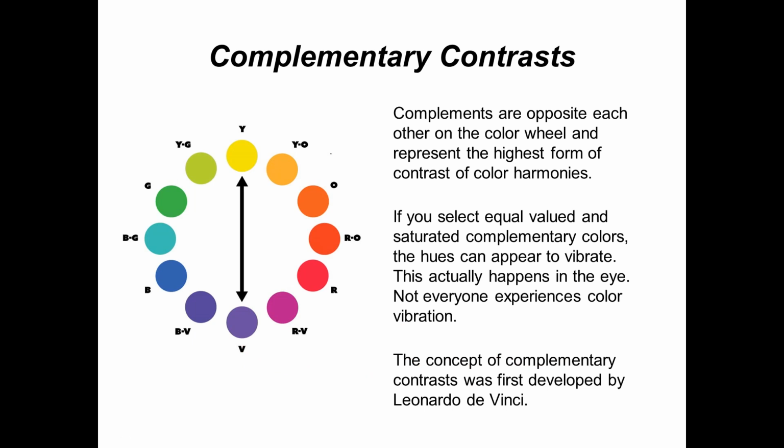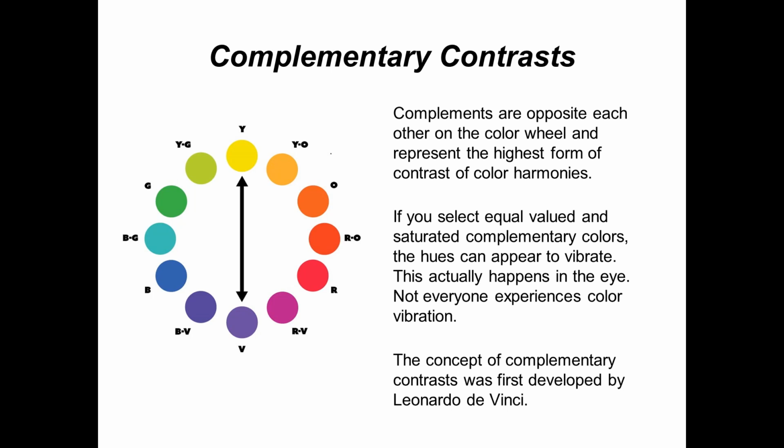Complementary contrasts. Complementary colors are opposite one another on the color wheel, and they represent the highest form of color contrast that you can get from the color harmonies. If you select equal valued and saturated complementary colors, the hues may appear to vibrate. This is actually happening in the eye, and I must say that not everyone experiences color vibration.